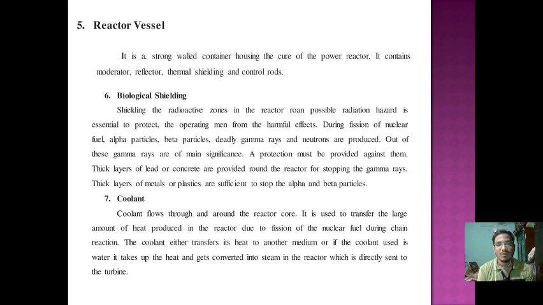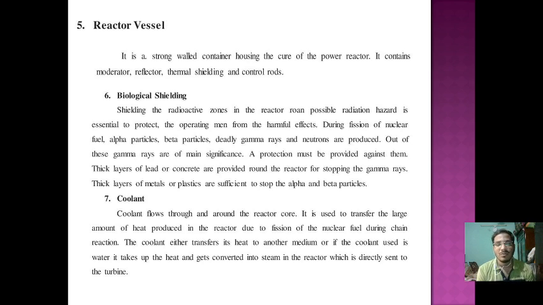Coolant flows around the reactor. Coolant is used to control the heat energy that is being produced inside of the reactor.